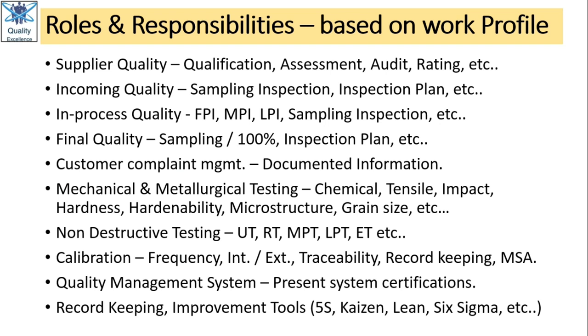And they may ask you about the inspection plan also, as well as all the other basic questions which we have gone through. Regarding customer complaint management, they can ask you whether you have any documented information. We have already discussed in the past slide how we should carry out customer complaint handling. So you can reply accordingly.